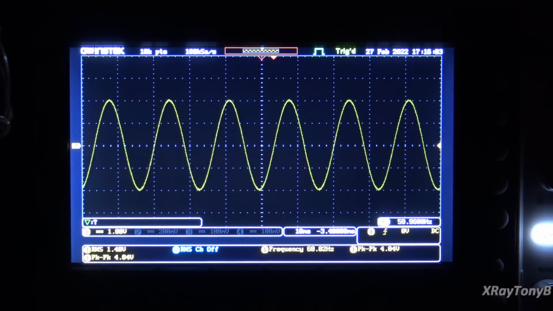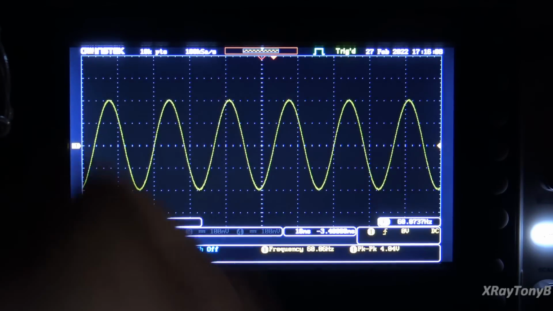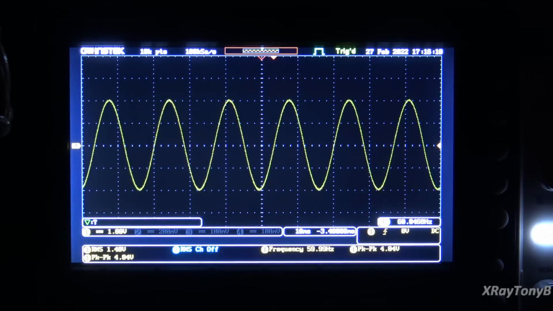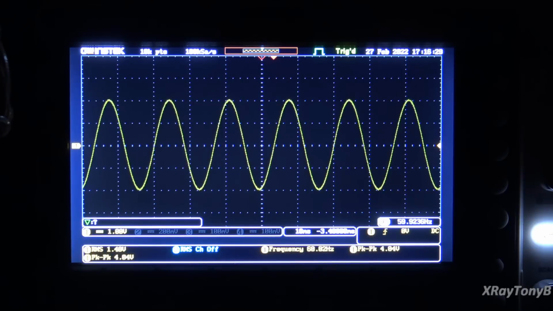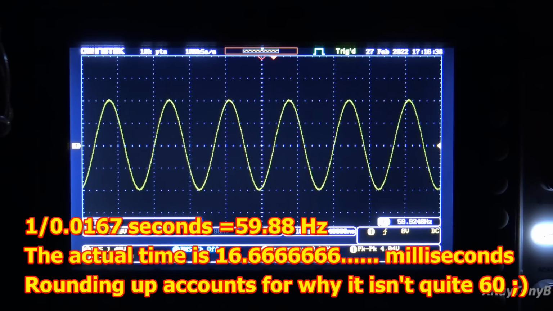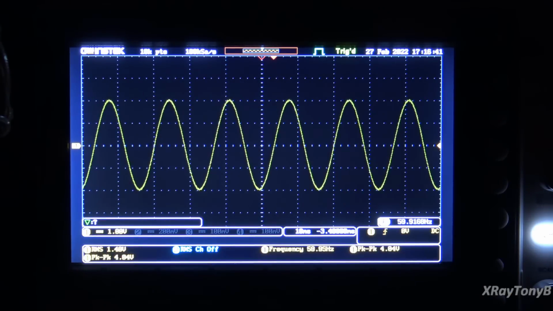And what you'll find is that the frequency, which is how many times per second this thing goes through each cycle, is going to be 1 divided by the time. If I take 1 and divide it by that 16 milliseconds, actually, if you measure it accurately, it's 16.7 milliseconds, you're going to come up with just about 60 hertz.